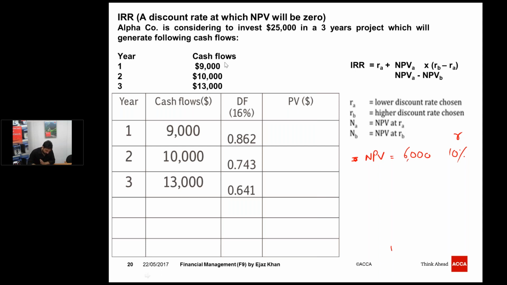I'm going to ask you a question, okay? So listen to the question carefully. Suppose that the project has a positive NPV of 6,000 at 10% cost of capital. Should we accept this project or not? Quick, yes or no?